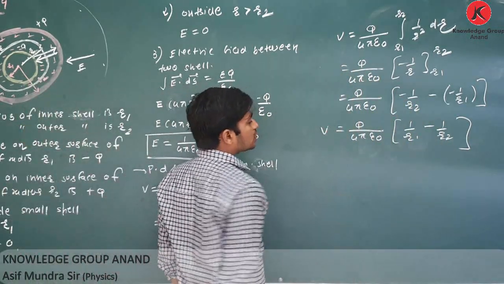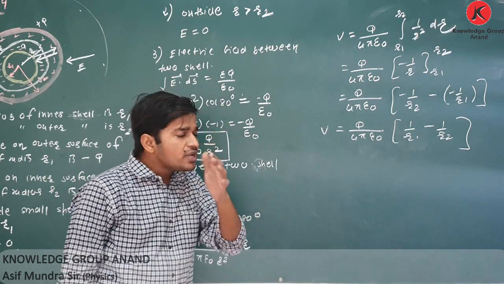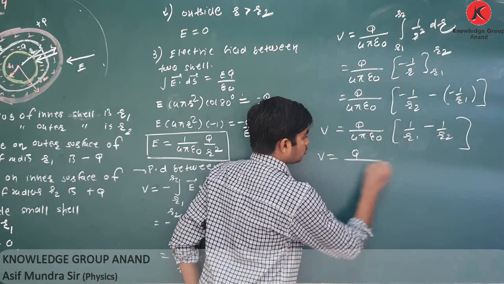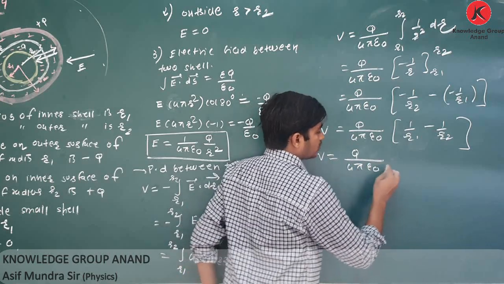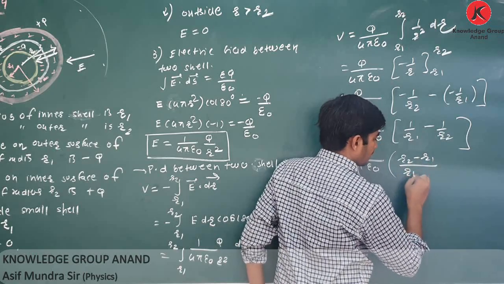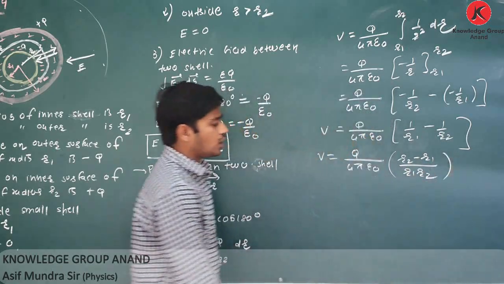So it is the equation of potential difference. Now we have to find capacitance. V is equal to q upon 4 pi epsilon 0, and if I simplify this term, it is R2 minus R1 upon R1 R2.